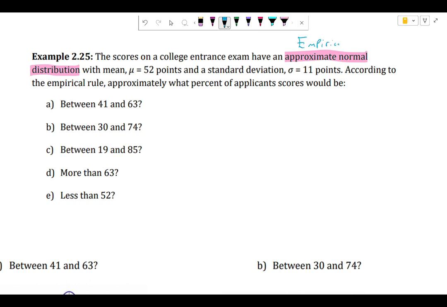That means we are looking at the normal, bell-shaped curve, with the mean drawn and the different percentages that we just talked about, where we have a mean of 52 points and a standard deviation of 11 points. According to the empirical rule, approximately what percent of applicants' scores would be, and then they give us a whole bunch of these. Well, let's first build our picture that we can use for all of these questions.